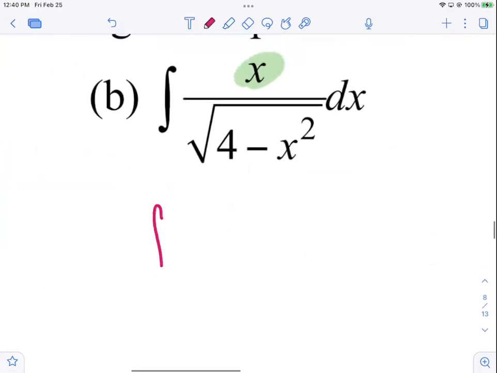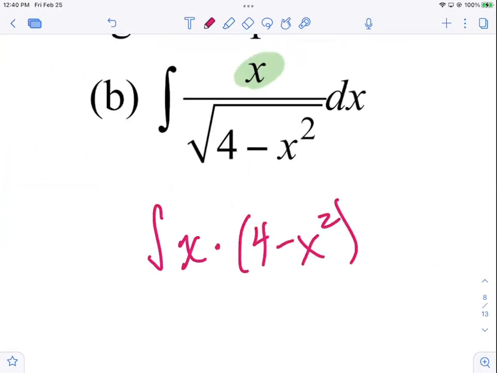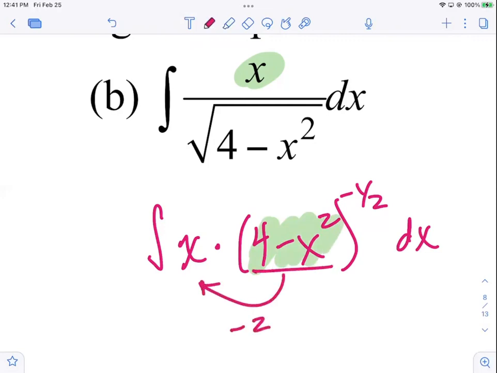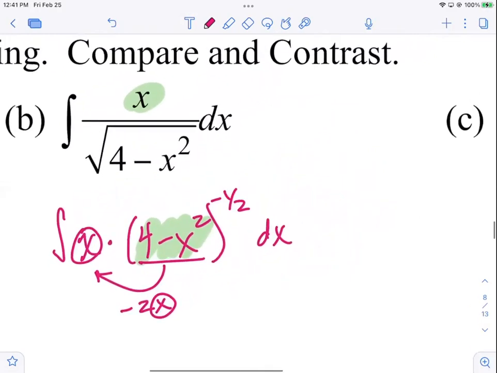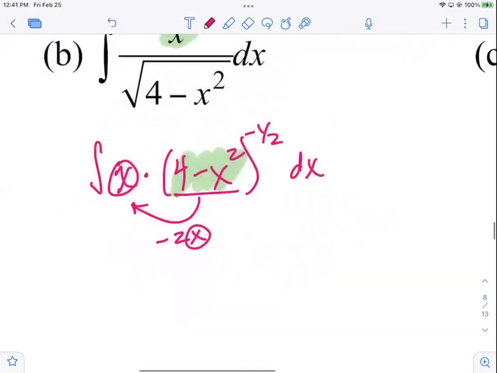So that's x times, if we bring the bottom to the top, to the negative 1/2. Now you're like, oh, 4 minus x squared could be the inside function. What's its derivative? Negative 2x. Bingo. That's where that x factor came from. We're only off by a negative 2, so I have to have a correction of the reciprocal, negative 1/2.